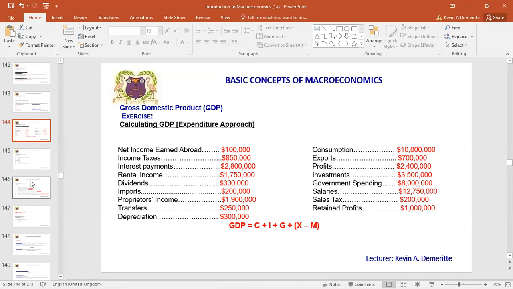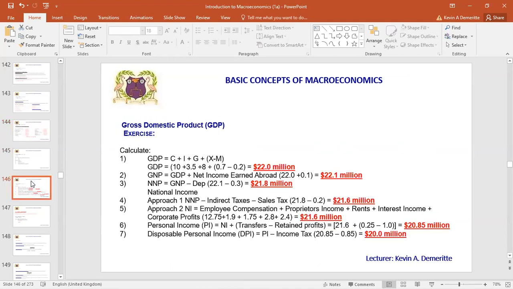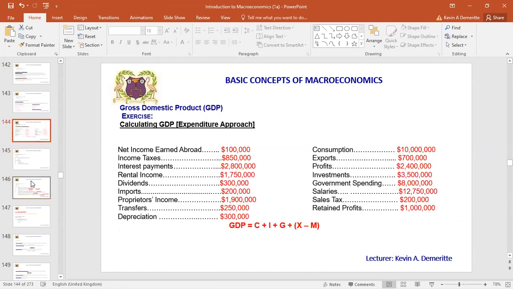But in this case, let us see. One approach to calculating national income is you start off with net national product, which you would have calculated previously, and you subtract from that indirect taxes. So you need to go back to your table and see, do we have something in there that we can call indirect taxes? Because you probably won't see the words indirect taxes in your table.